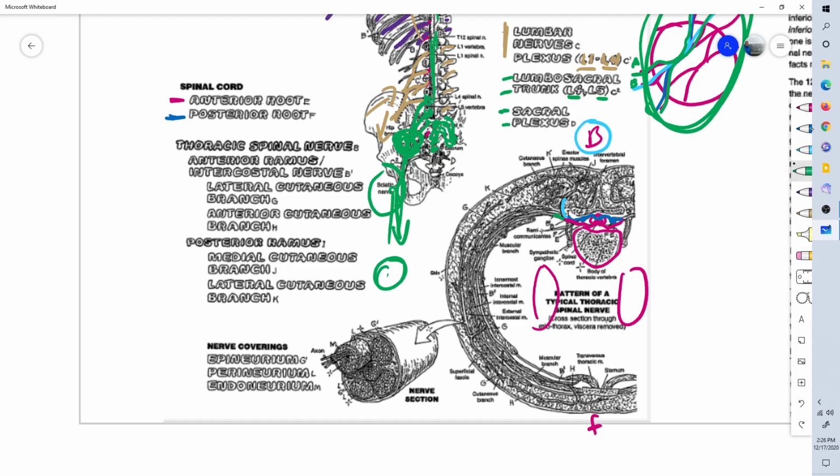Same nerve, different colors. I just made them different colors. This is the anterior, this is the front. So when they branch off from the spinal nerve, they have two different names.